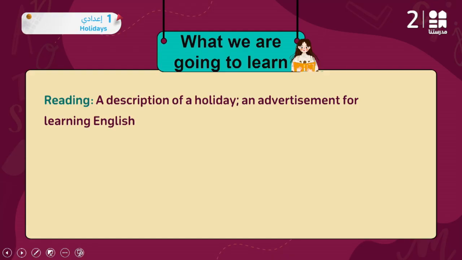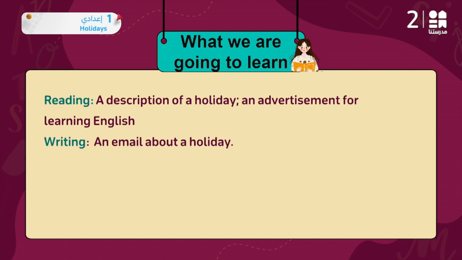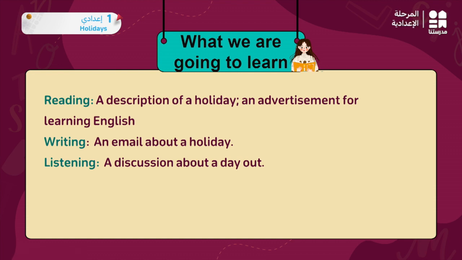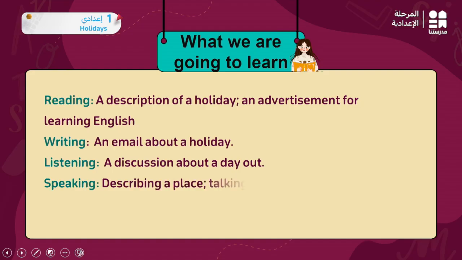First, a reading. In the reading part, I have a description of a holiday and an advertisement for learning English. بعد كده عندي a writing, how to write an email describing your holiday. بعد كده في listening a discussion about a day out. في السبيكينج عندنا how to describe a place or talking about your holiday.